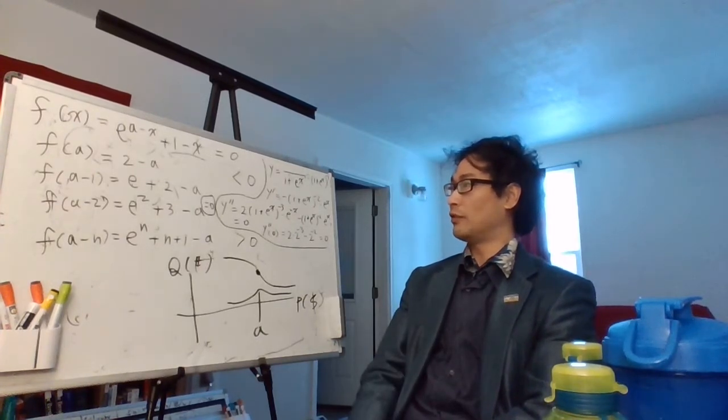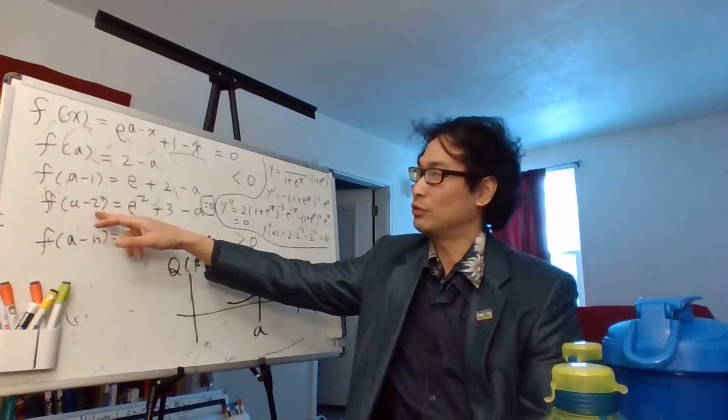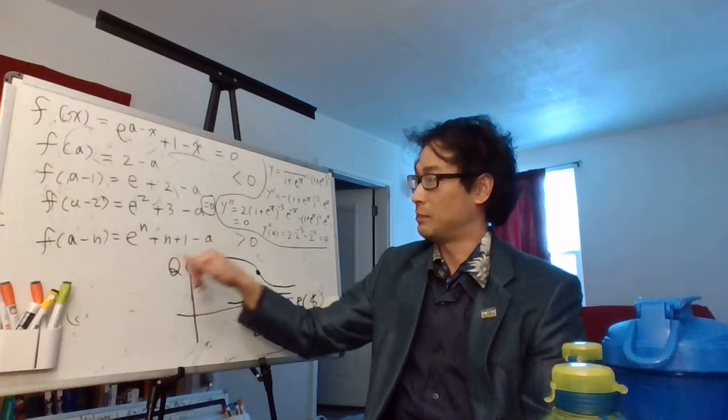So basically, what we found yesterday is that the local maximum happens somewhere down the road, something like a minus 2 or a minus 1, or even later on. It depends on the value of a.